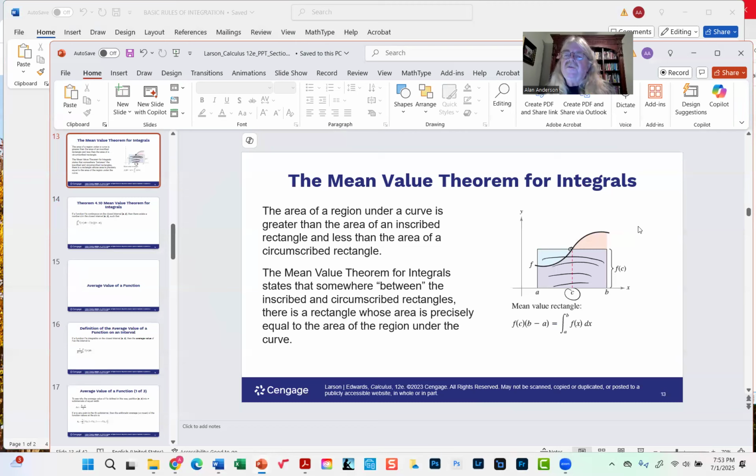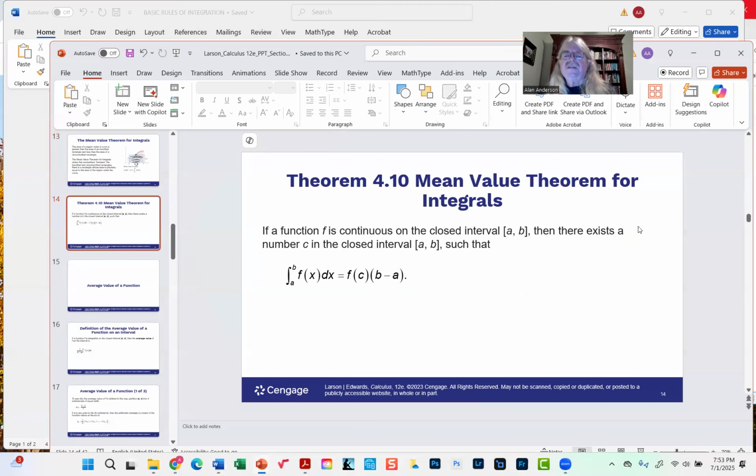Now, we saw this once before, the mean value theorem. It basically was telling us that we've got some interval A to B, you calculate the slope of a secant line through those 2 points.